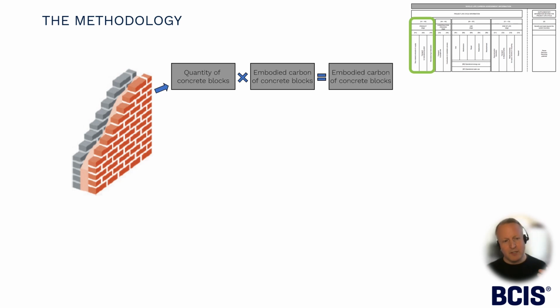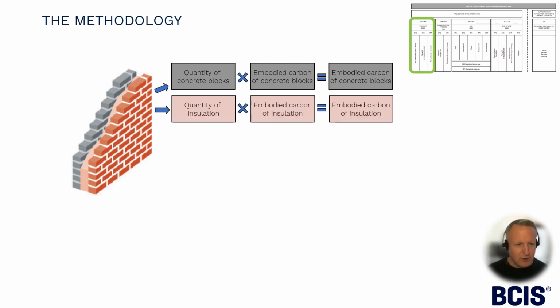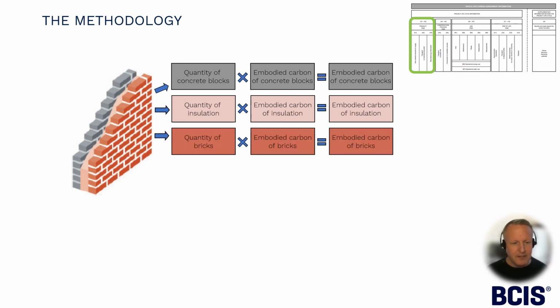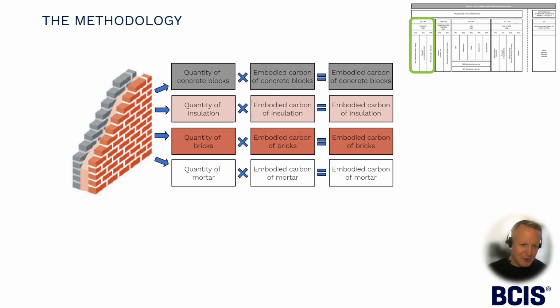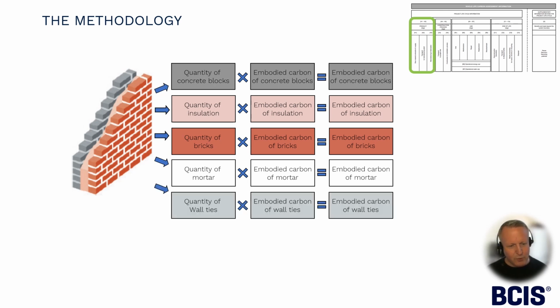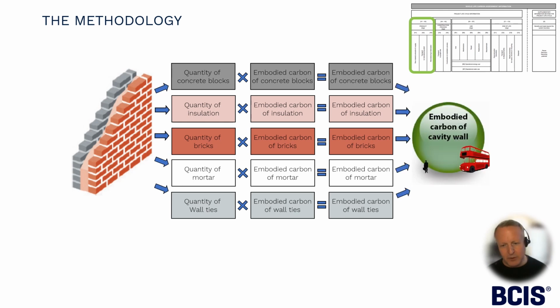Now, obviously, with a cavity wall like this, it's not just concrete blocks. So we need to do the same for any insulation that we're putting in our cavity. We need to do the same for the bricks, the mortar, and the wall ties. And then all of those things add up together to give you the embodied carbon of a cavity wall.